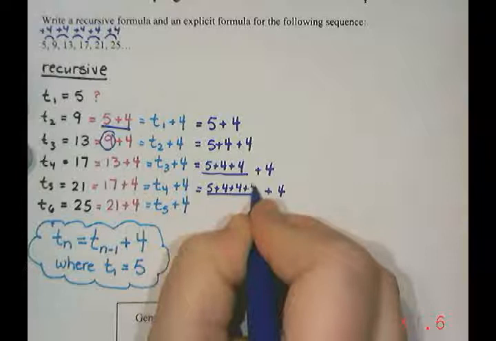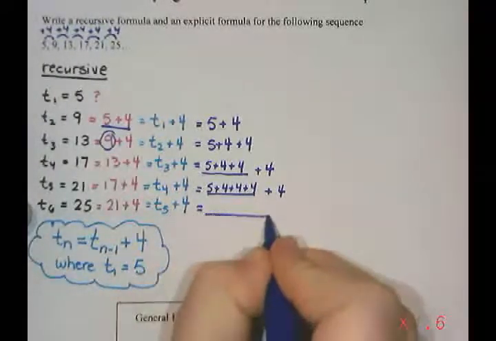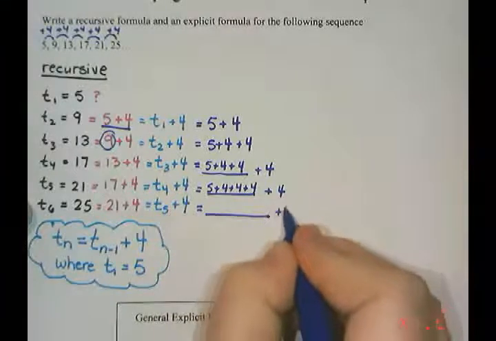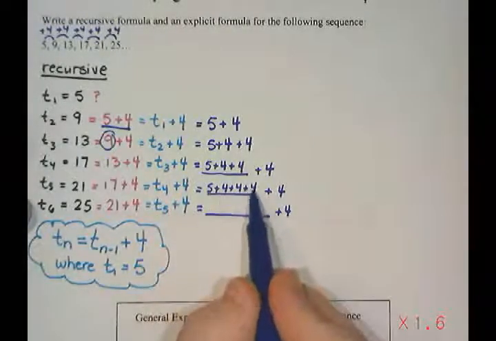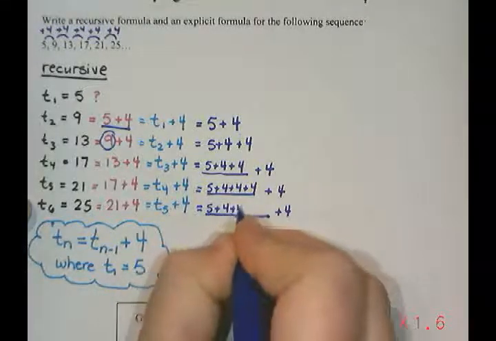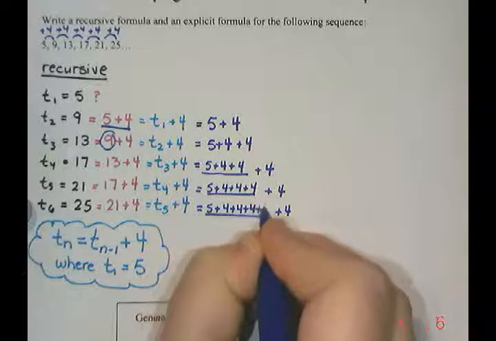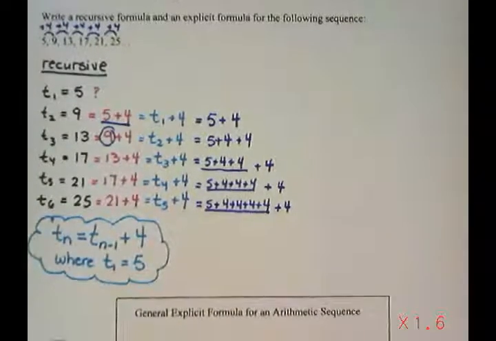It's a lot of 4s. And then for the last one, it's term 5 plus 4. Term 5 is really 5 plus 4 plus 4 plus 4 plus 4. So if I take a look at this, that's a lot of 4s.